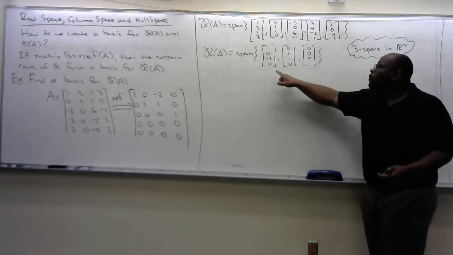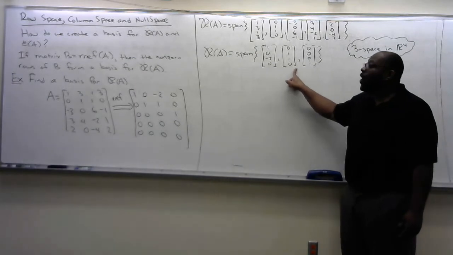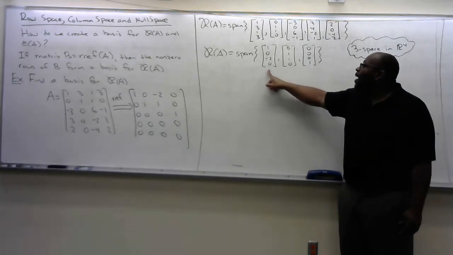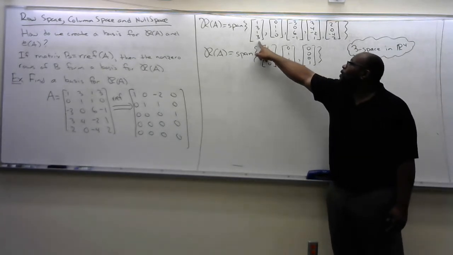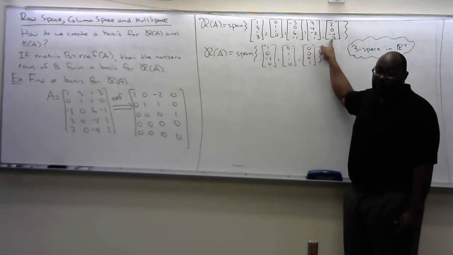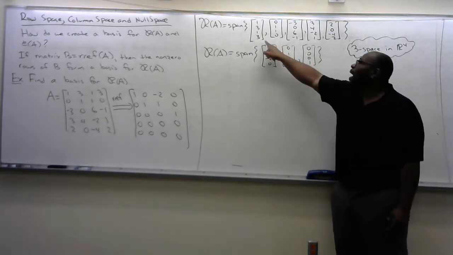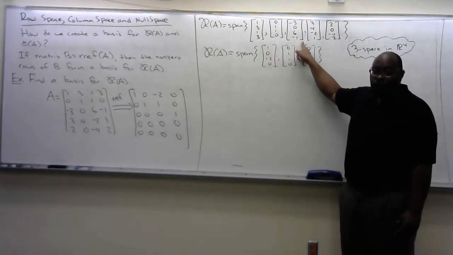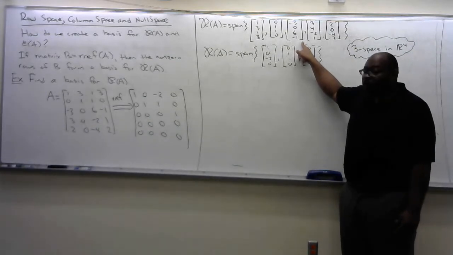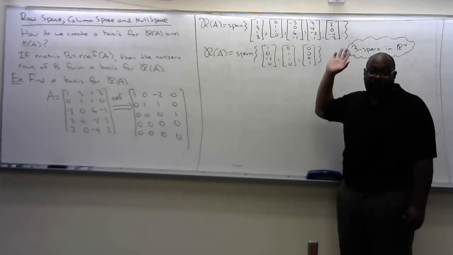However, I also want to mention that if I take a linear combination of these three vectors, I can create any of the five vectors that I originally had in my row space. So I can use these three vectors to generate any of those five rows. Essentially, I just keep what I need and get rid of the stuff I don't need.